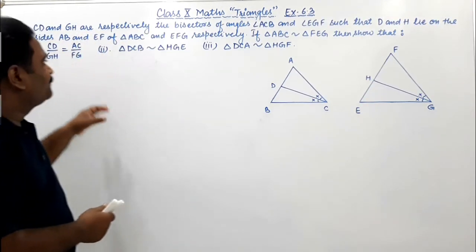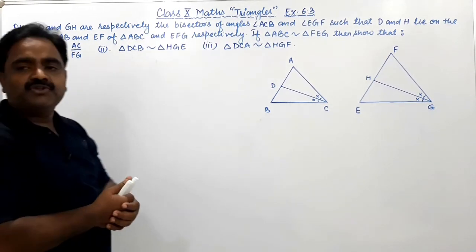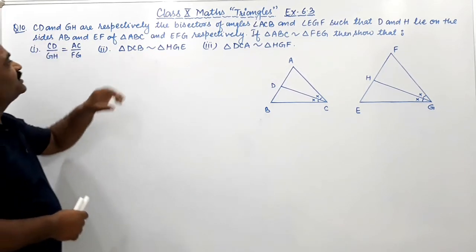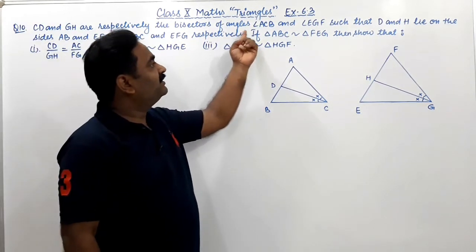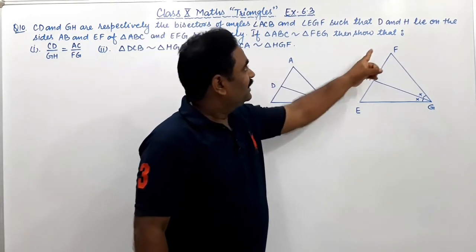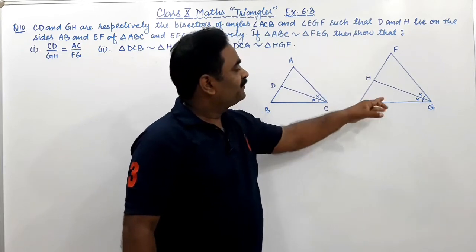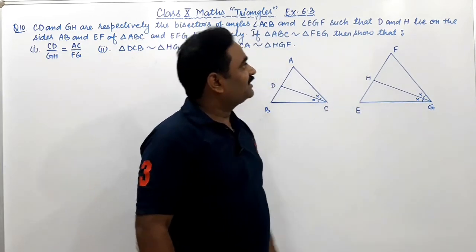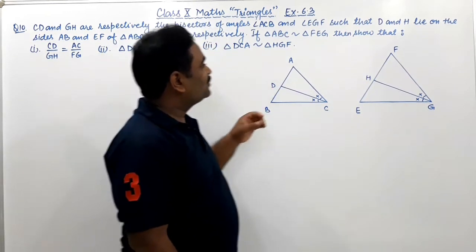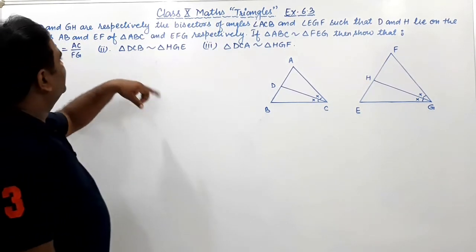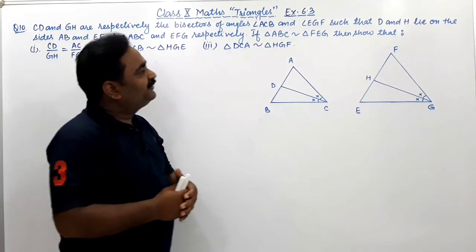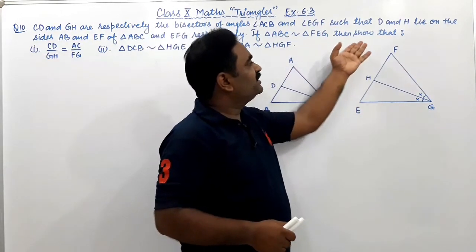Okay, let's see question number 10 of your textbook, exercise 6.3. In this it is given CD and GH are respectively the bisectors of angle ACB and angle EGF, such that D and H lie on the sides AB and EF of the triangles. As it is given, if triangle ABC is similar to triangle FEG, then prove the following.